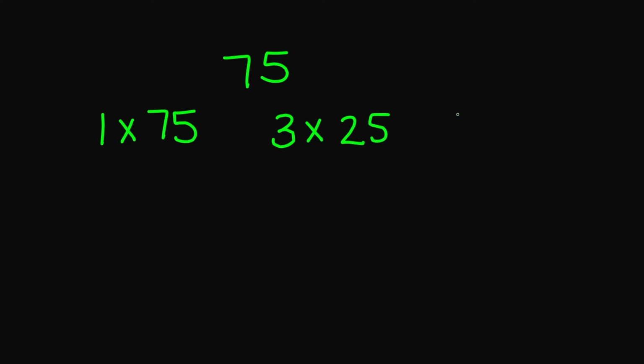Let's try the number 75. So we have 1 times 75, 3 times 25, and you also have 5 times 15. So your positive factors are 1, 3, 5, 15, 25, and 75.